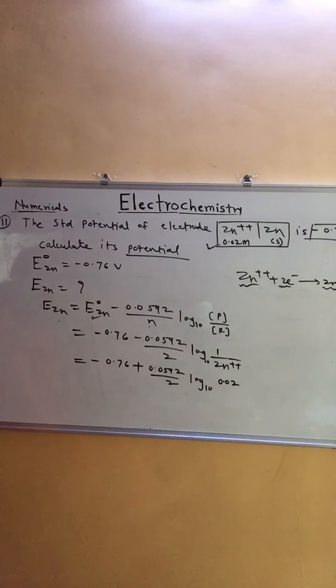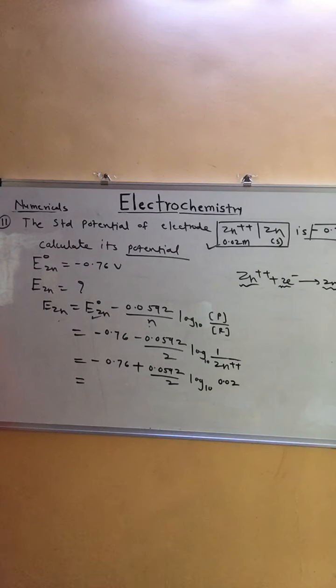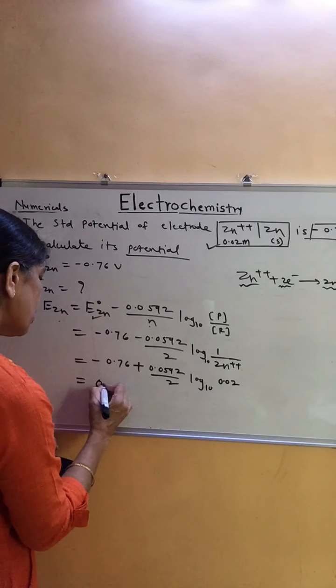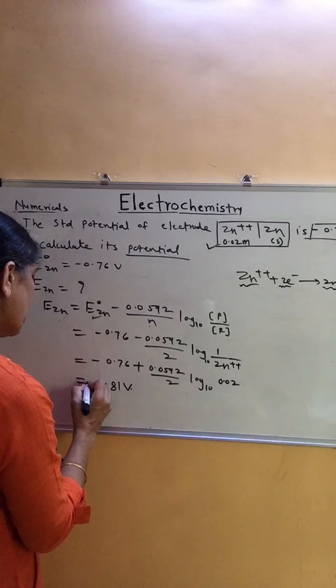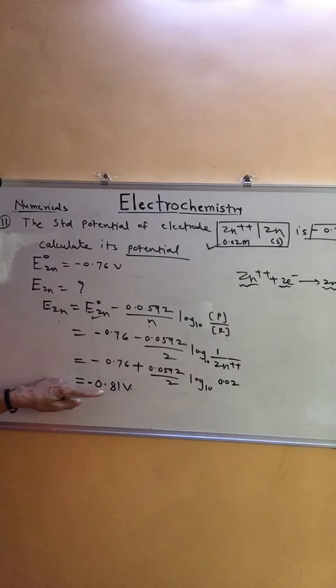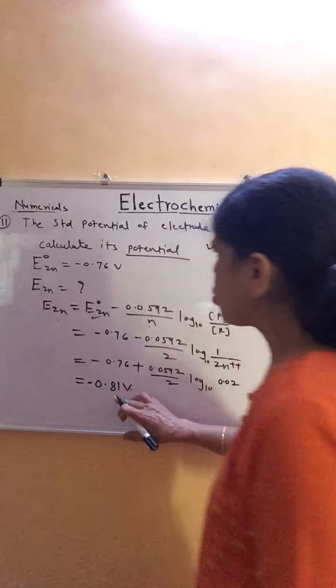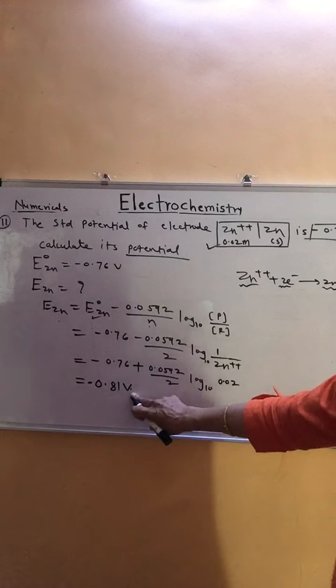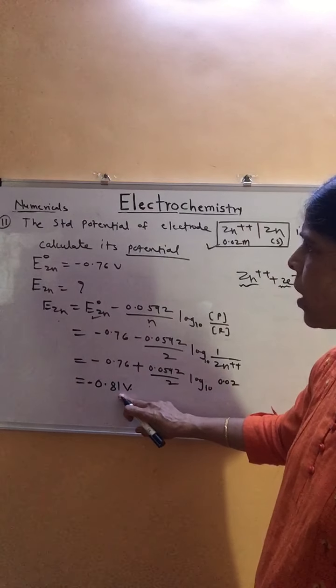Now if you solve this, you will get the value minus 0.81 volts, which is the value of the electrode potential not measured under standard conditions.